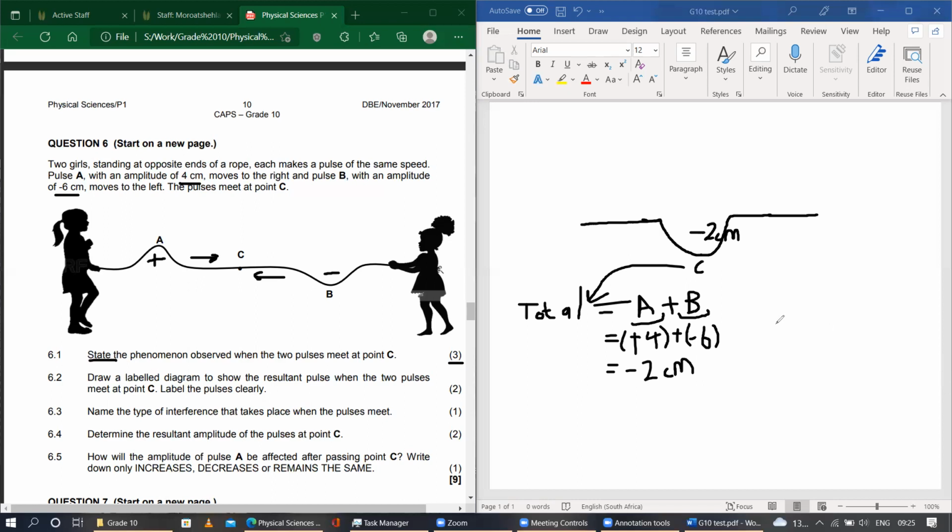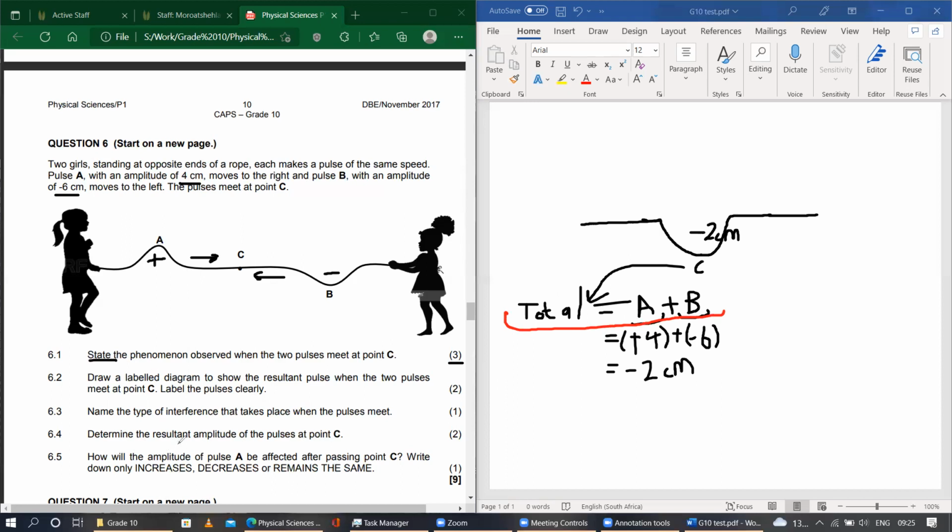And that's the equation that we used here. So it's most likely gonna be the principle of superposition.